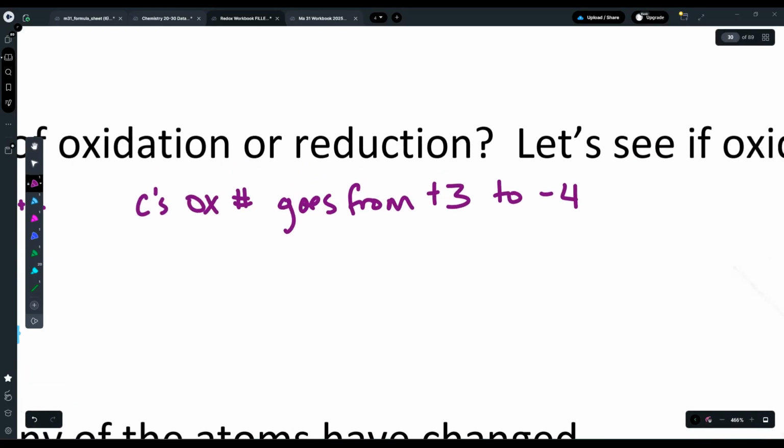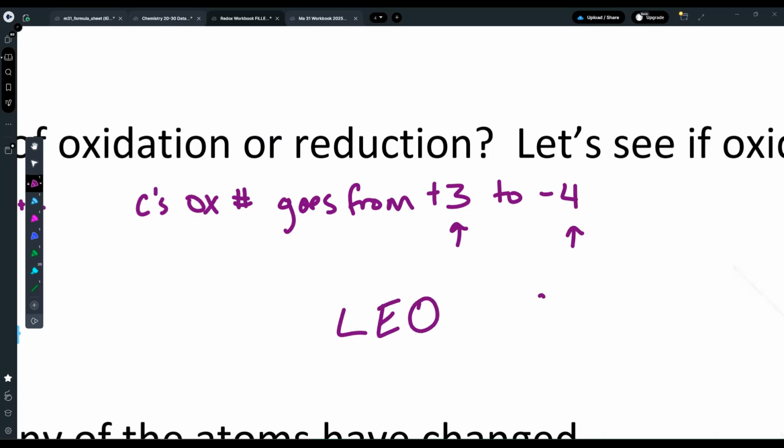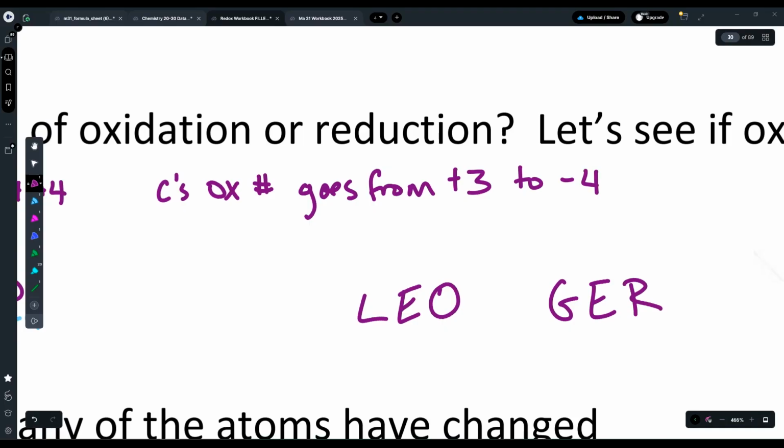Okay, so what does that tell us about carbon? Well, in order to get from 3 to -4, obviously you need to get more negative. How you're going to get more negative, let's just write LEO the lion goes GER. How you're going to get more negative is if you gain electrons, and gaining electrons is reduction, so that means that this is a reduction reaction.